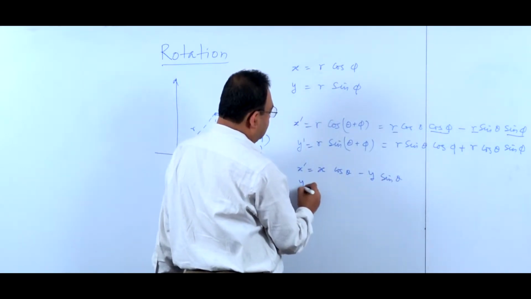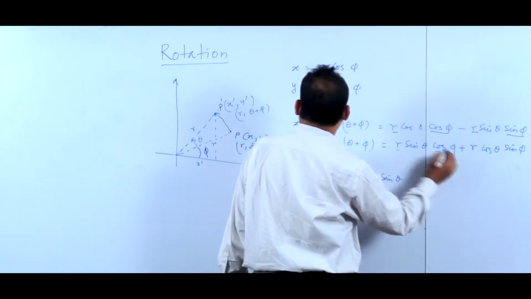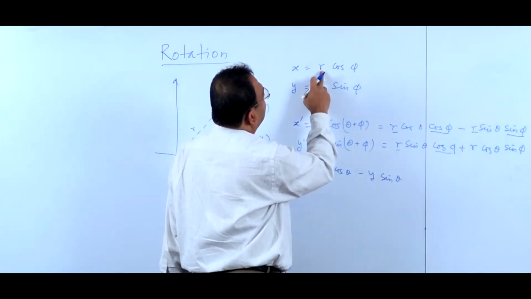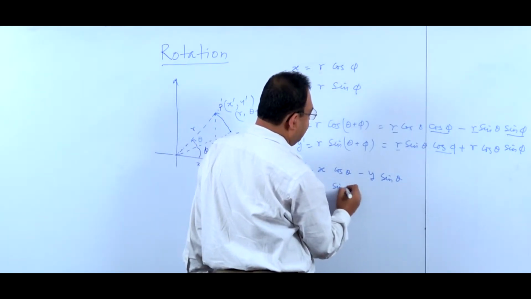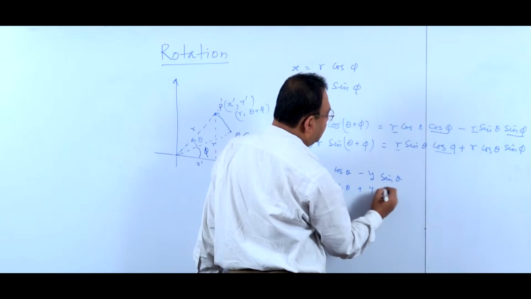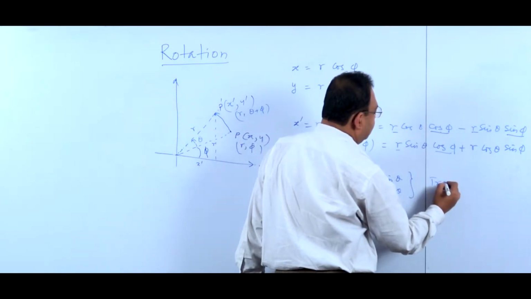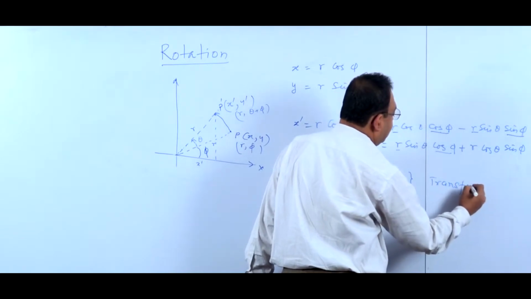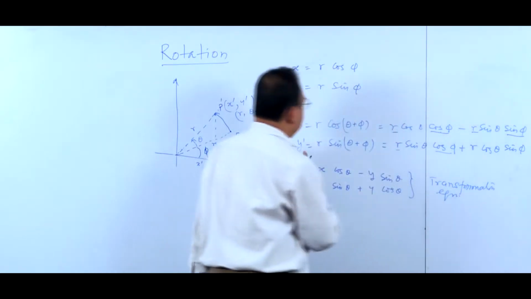And y dash is, with r cos phi being x, x sin theta plus y cos theta. So these are the transformation equations for rotation.